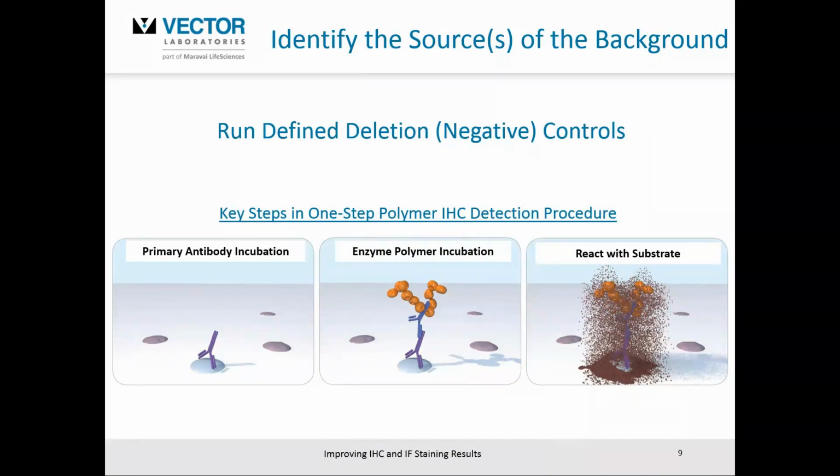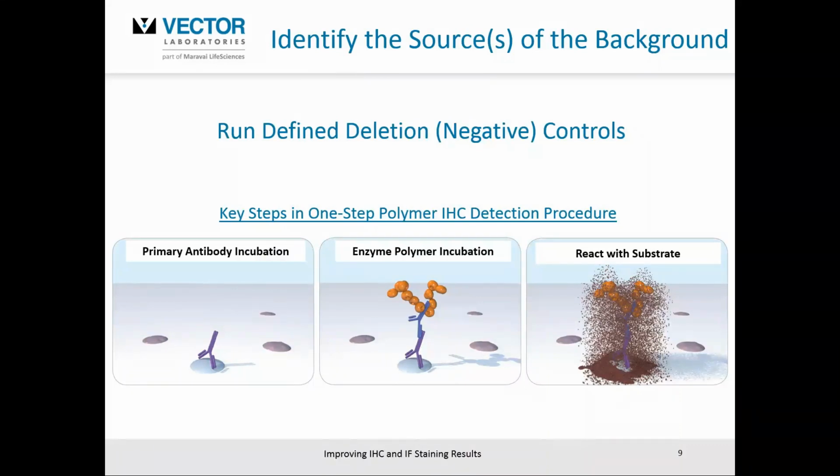So the idea here, we're going to be working from this particular graphic. The idea to start troubleshooting is to run defined deletion controls. Now, they're a special type of negative control. So just keep this in mind as we go through the procedure.